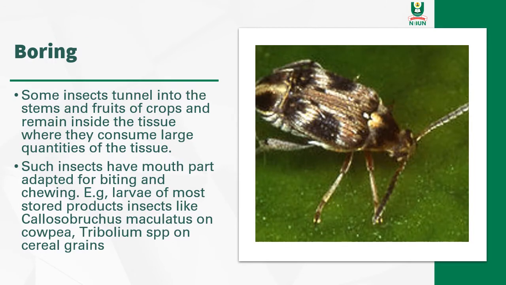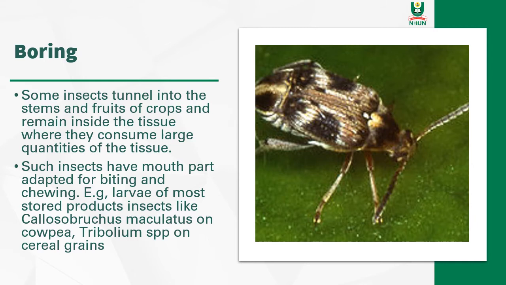So for the boring insects, they just bore tunnels into the stems and fruits of crops and remain inside the tissue, where they consume large quantities of tissue. They will bore inside the fruit and remain there eating the fruit, it's so terrible. These insects have mouth parts that are also adapted for biting and chewing.